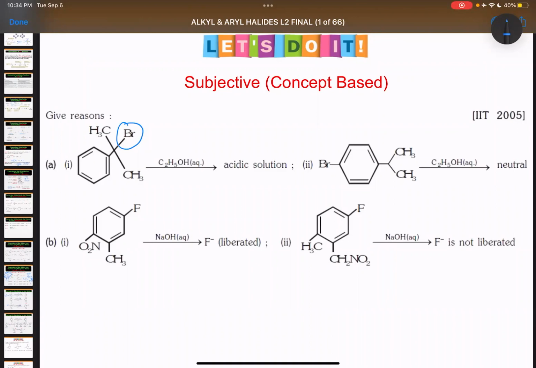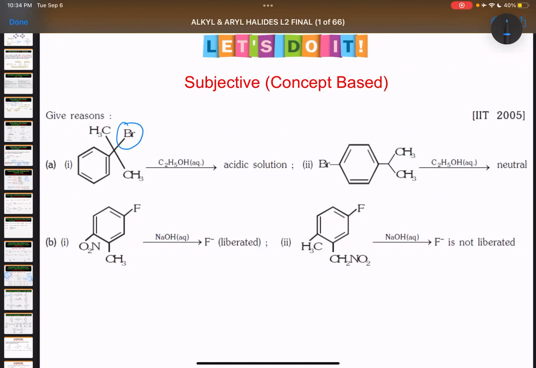And in the third one, F minus came out. Why did the F minus get liberated in the third reaction, in the first part of B? The presence of electron withdrawing group.